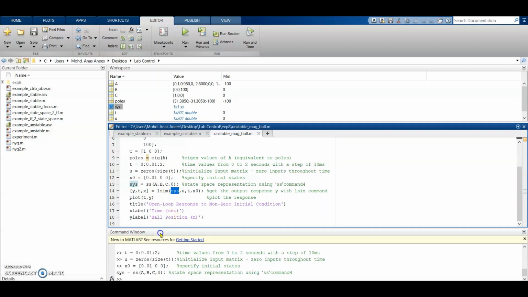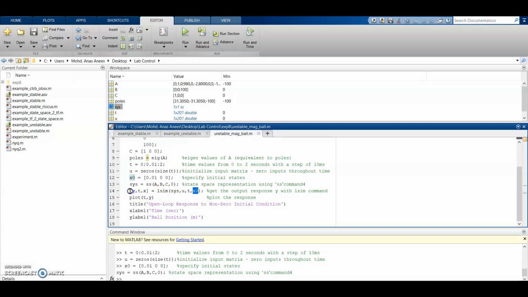The second input will be the input to the plant, that is u, the third input will be the time for which we need to plot the outputs and states, and the fourth input will be the initial conditions. So if we give these, then y and x will be plotted.